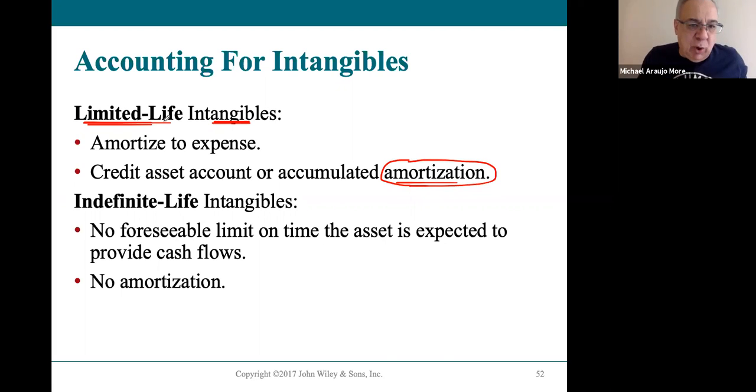So that's important to know. Otherwise, there are some intangible assets that have what we consider an indefinite life. There's no foreseeable limit on how long this thing could last, whether that's a search engine like Google, a piece of software, a Disney character, or a logo, and so forth. In that case, if it's indefinite, there's no amortization.